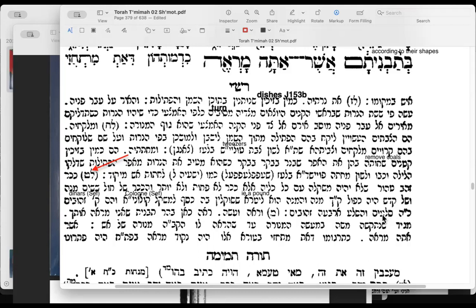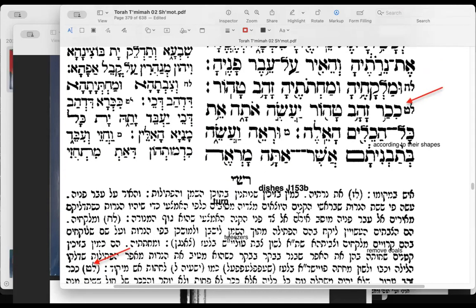So a dinar is 25 selas, and the sela is 4 gold pieces. So sorry, that must be the same thing, right? So a dinar is 25 selas. Well, that's what it is. So a maneh is 100 dinars. Okay.